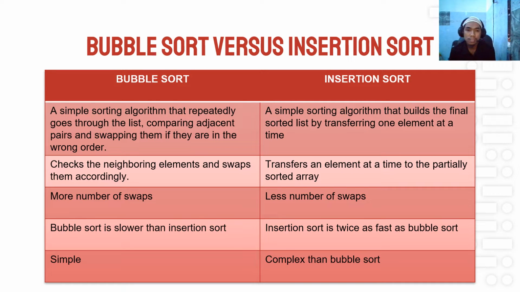Thirdly, for the bubble sort, there are more swaps, but for insertion sort, fewer swaps. Bubble sort is slower than insertion sort, and the insertion sort is twice as fast as bubble sort.